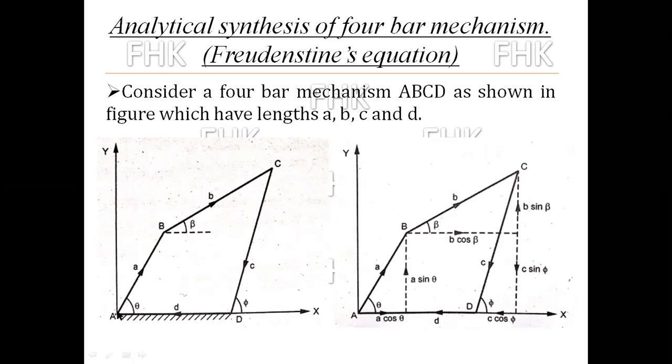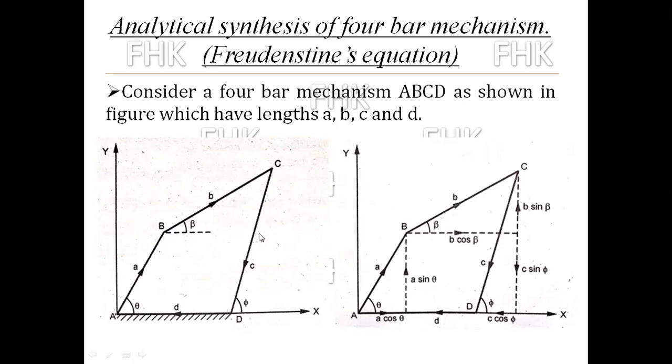Okay, the four-bar mechanism, capital A, B, C, D, and the length of each link is small a, small b, small c, and small d respectively. At the same time, link AB is making angle theta with fixed link AD. Link BC is making angle beta with fixed link AD.